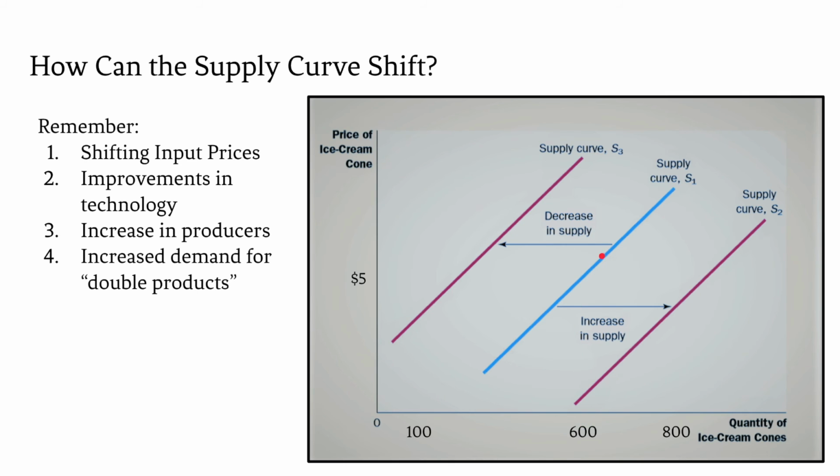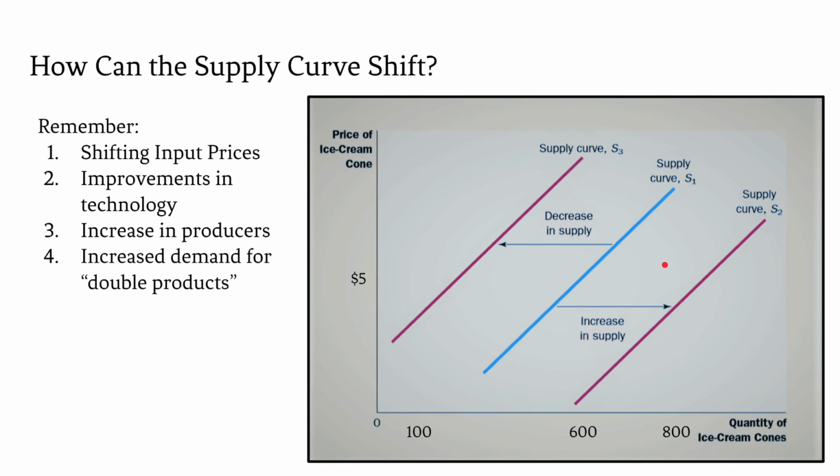Now, because sugar is expensive, the input price is expensive, making an ice cream cone is expensive. So $5 for an ice cream cone isn't enough to support a lot of producers anymore. The total quantity supplied will decrease to maybe only around 100 ice cream cones being supplied because of the increase in the price of sugar.